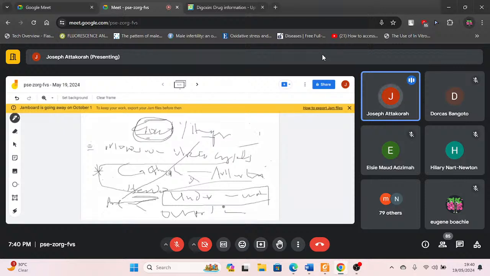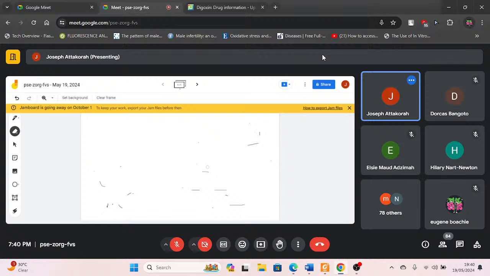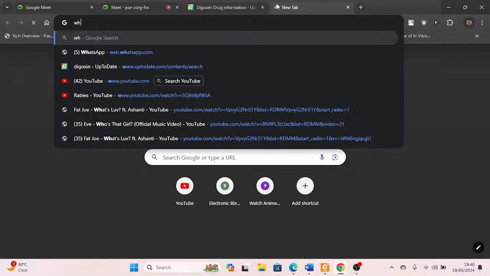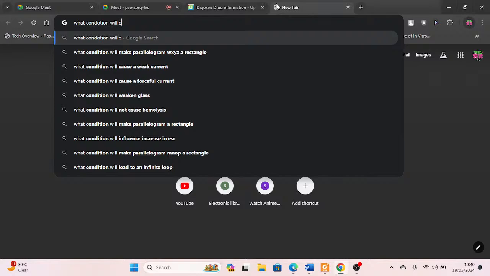Is it clear up to this point? Can you tell me one condition that will cause undersecretion and one condition that will cause overproduction of uric acid? These two situations could lead to hyperuricemia.